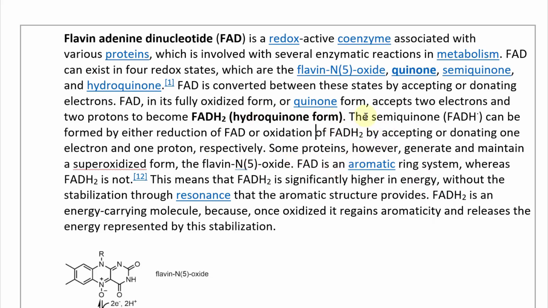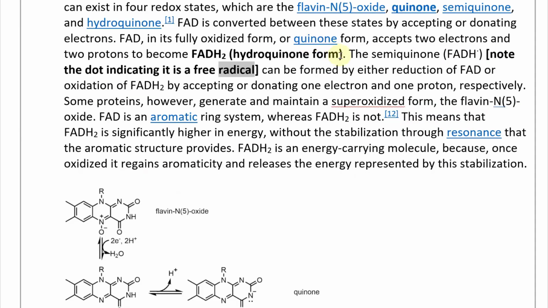So continue reading further. So the semiquinone FADH, and here I just noticed it actually has a dot there. So this FADH dot. Note the dot indicating it is a free radical, and this can be formed by either reduction of FAD or oxidation of FADH2. So to oxidize this, you have to take electrons out. To reduce this one, you have to add electrons to it, by accepting or donating 1 electron and 1 proton, respectively.